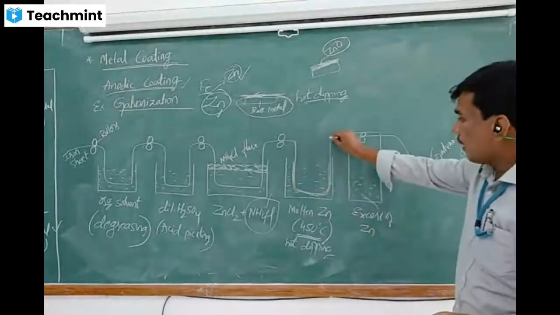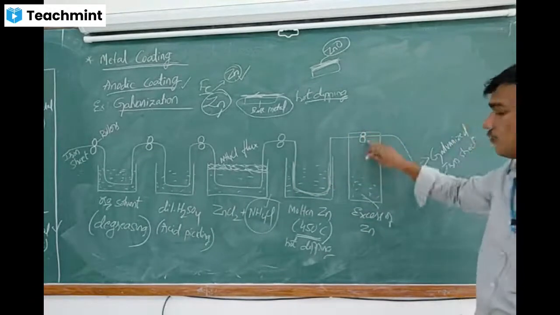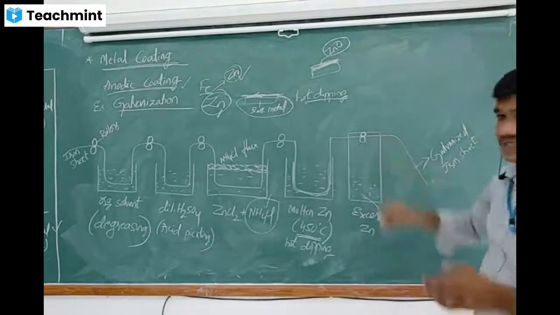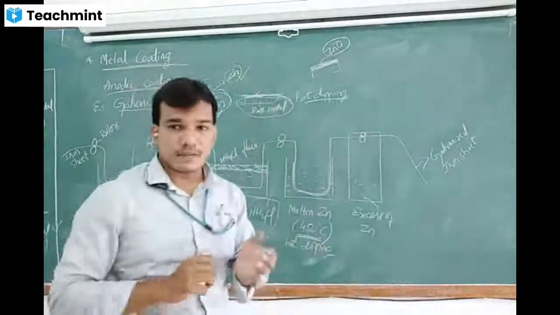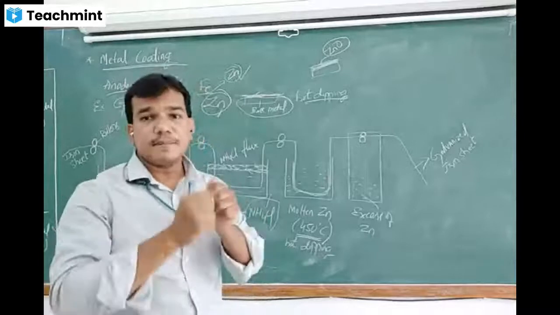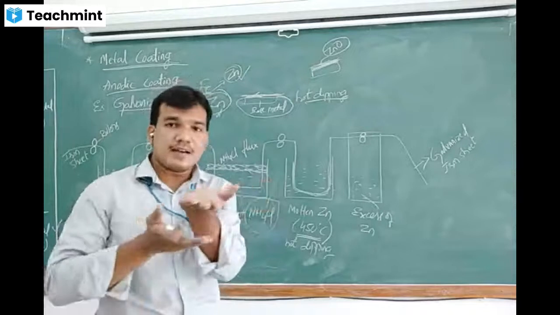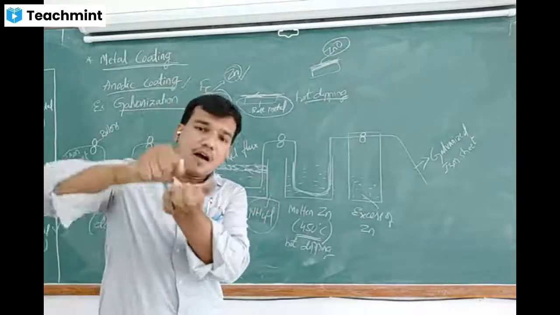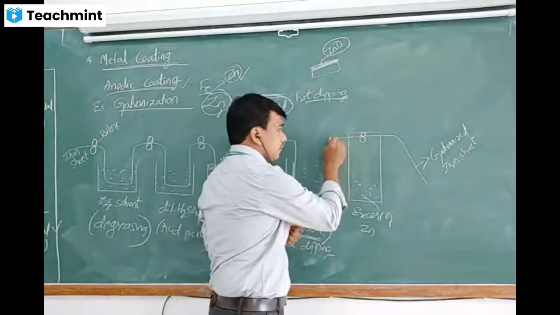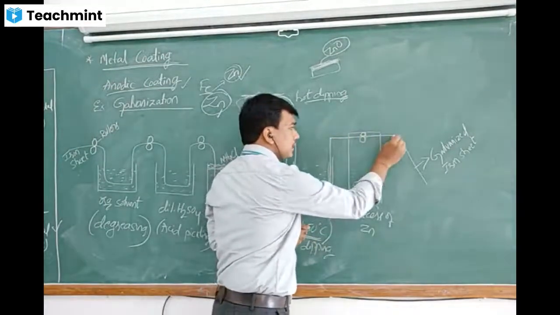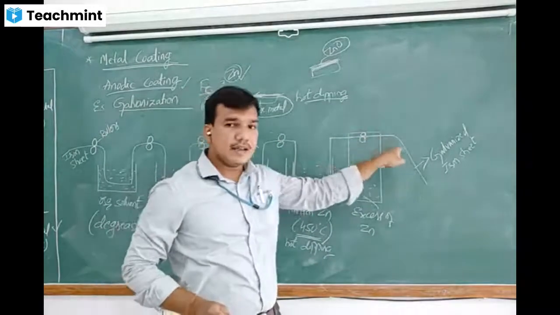Then it should pass through the hot rollers. So here what is the role of the hot rollers? They remove the excess of zinc. We want uniform coating on the base metal surface. If excess zinc is there, the hot rollers will remove all the excess zinc from our iron sheet, which gives the uniform thickness of zinc on the iron metal sheet.